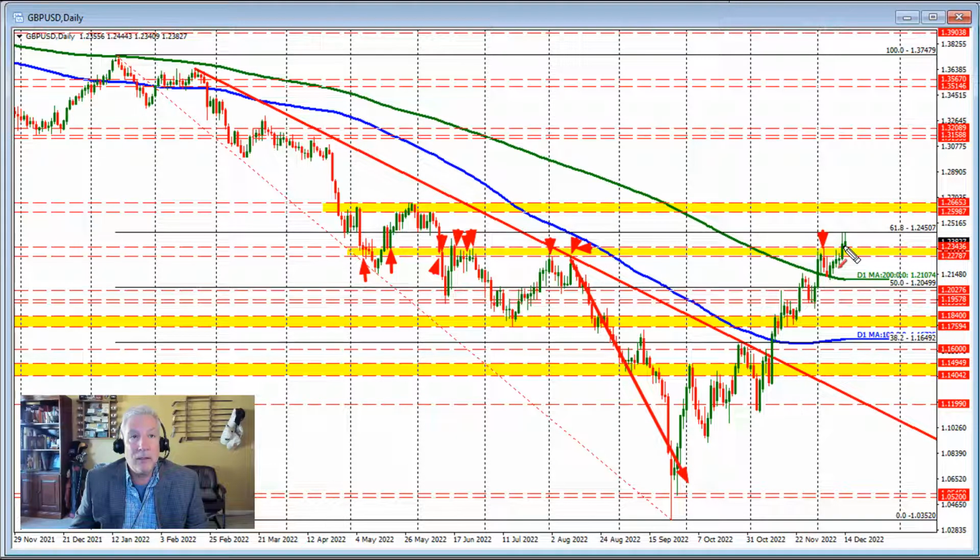So staying above that level keeps the buyers more in control. We'll see if the price can hold support there against the 1.2343 level on the downside. On the top side, the 61.8% retracement held for the second day in a row near 1.2451. That is the level we're going to need to get above in order to increase the bullish bias. So right now, the sellers are trying to push down into the swing area.